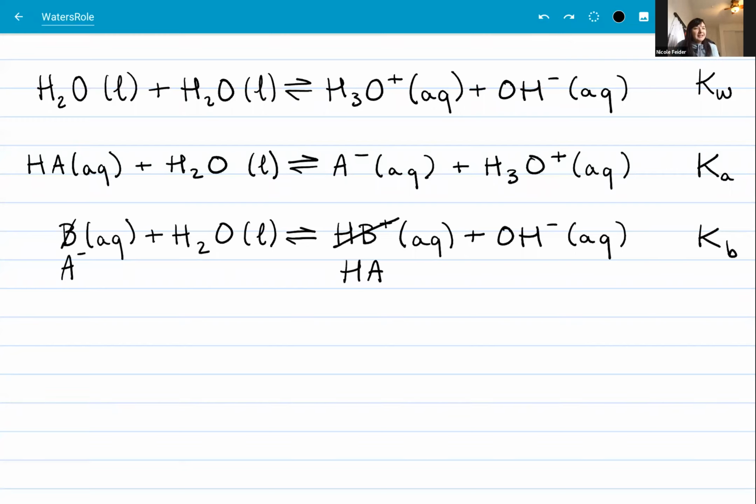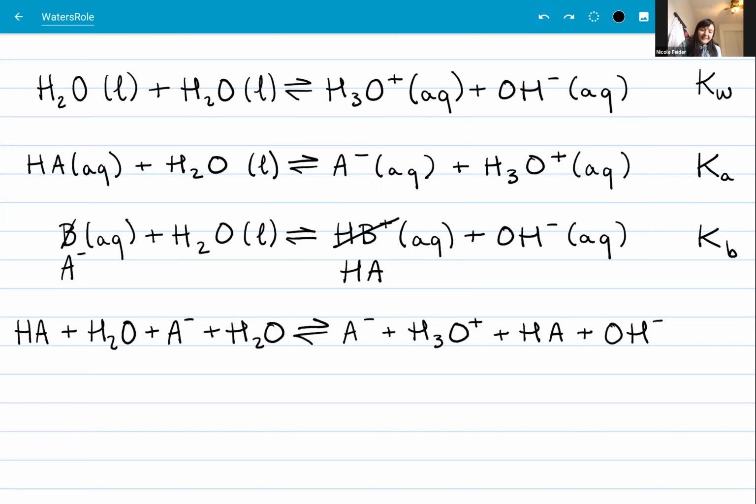Notice anything interesting about these three equilibria? Well, how about I add the acid and base equilibrium together, and then I'm going to cancel out the redundant chemicals, like the HAs and the A-s. And voila, we have the water equilibrium again.